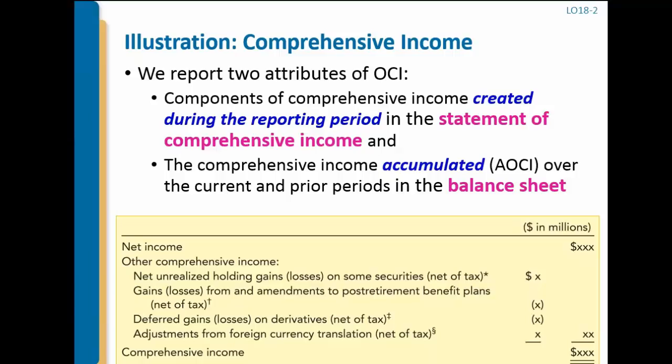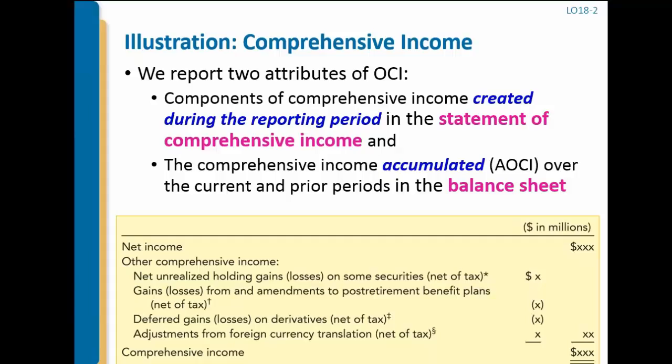So you notice that all these things are net of taxes. Gains and losses, post-retirement benefit, deferred gains and losses on derivatives, adjustments from foreign currency. So all these things essentially are held in other comprehensive income, net of taxes. So the impact to the equity section is the same whether or not it went through net income, into retained earnings, or directly into equity as these other comprehensive income items.